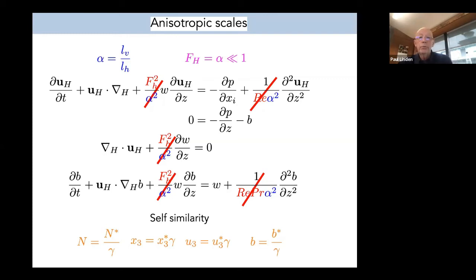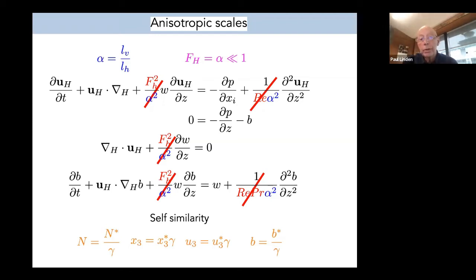Okay, so what you see then is essentially an uncoupling between the vertical and horizontal scales. There's no vertical velocity left in the first equation because that term cancels out, so the horizontal motion is independent of the vertical motion. The vertical equation corresponds to just hydrostatic variations between buoyancy and pressure.